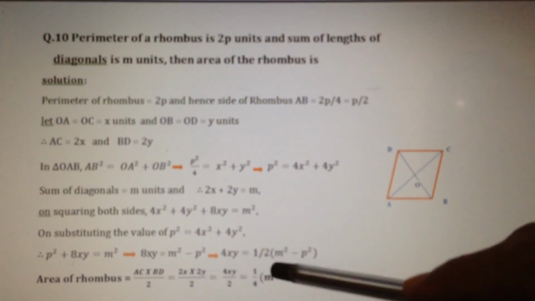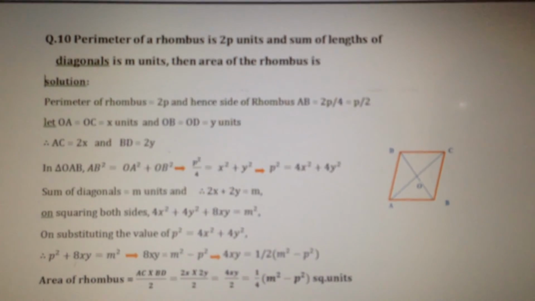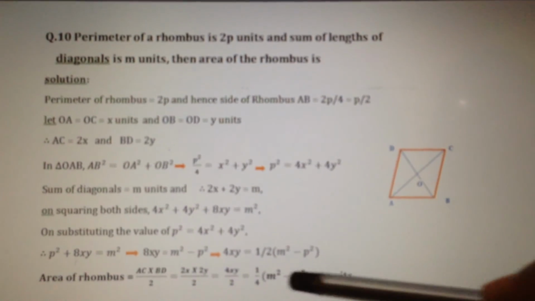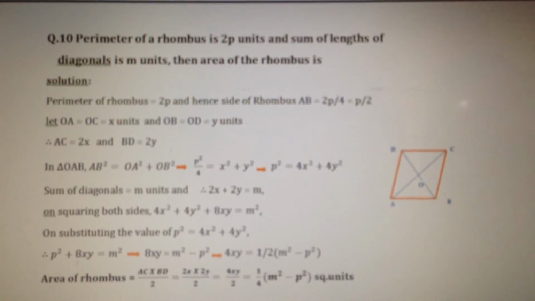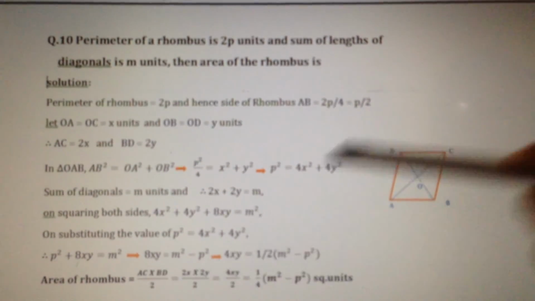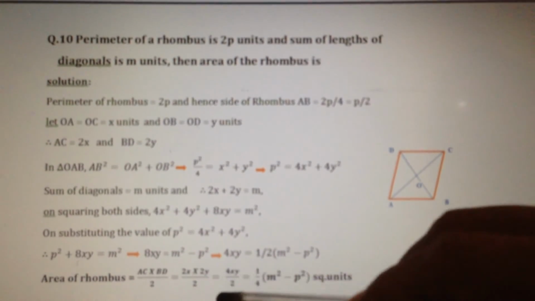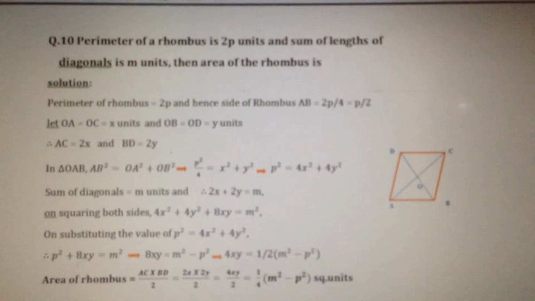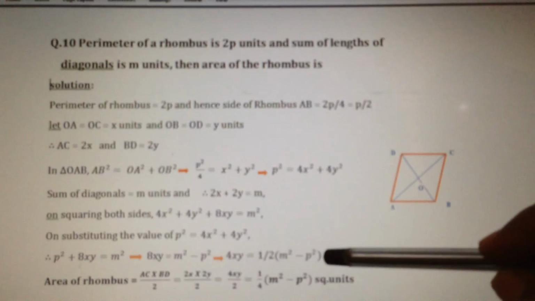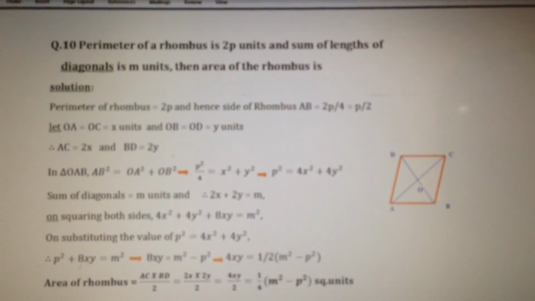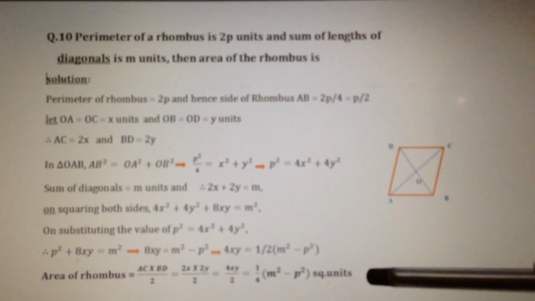Therefore, 4xy is equal to 1 by 2 into m square minus p square. We know the area of a rhombus is equal to AC into BD by 2. That is the formula. AC is equal to 2x and BD is equal to 2y. Therefore, area of the rhombus is equal to 2x into 2y by 2, 4xy by 2. 4xy we know is equal to 1 by 2 into m square minus p square. Therefore, area is equal to 1 by 4 into m square minus p square square units.